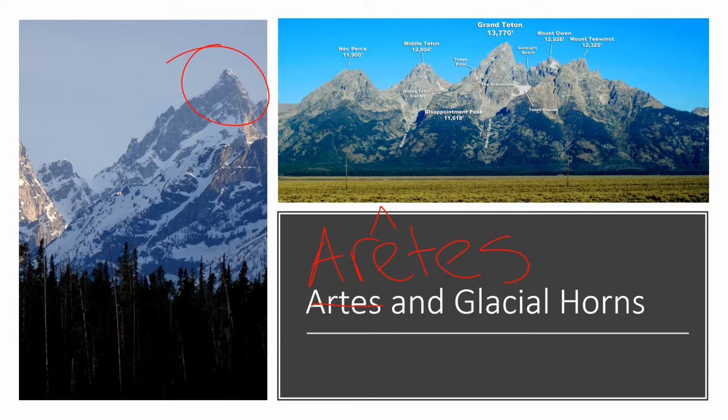These are areas where you had two glaciers scouring opposite sides of a mountain and creating a narrow structure of rock that's connecting the two mountain peaks. So we'll be on the lookout to see if we see any evidence of arêtes or glacial horns in the Tetons.